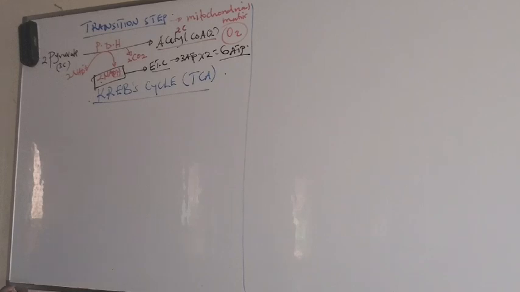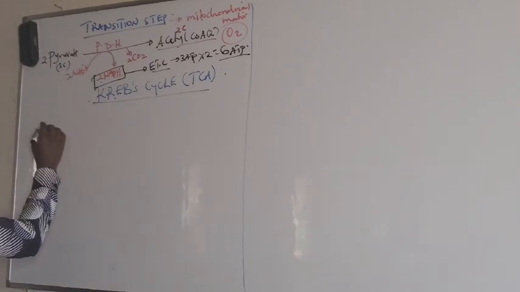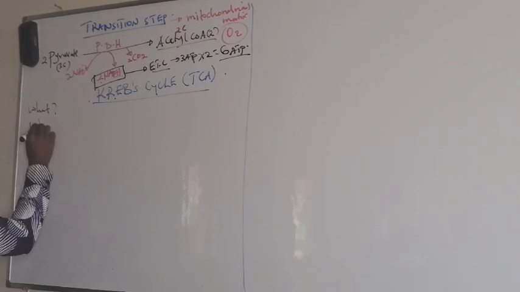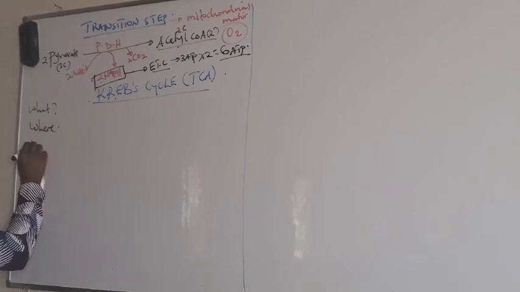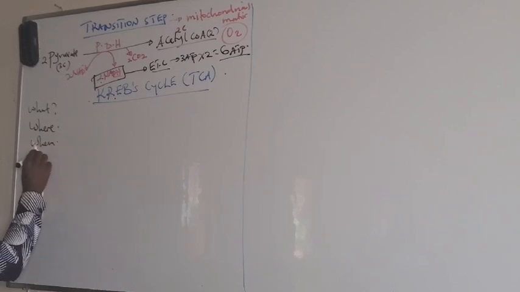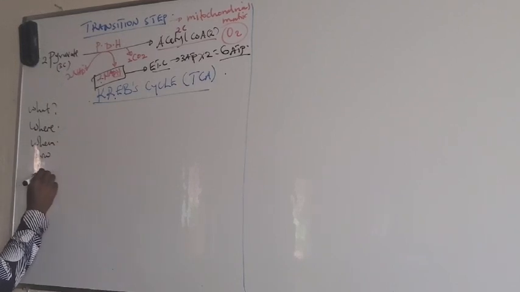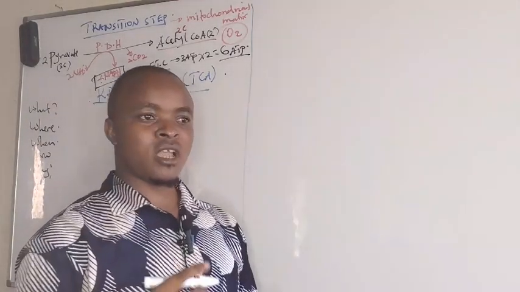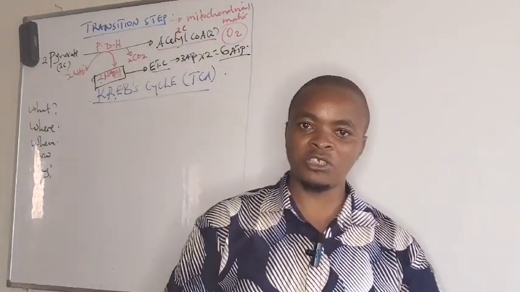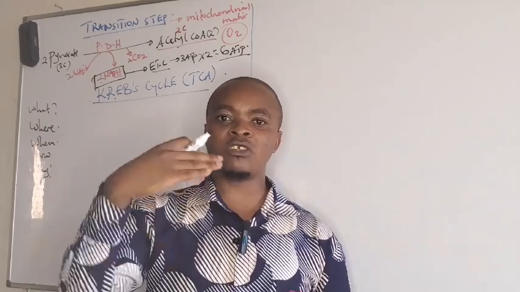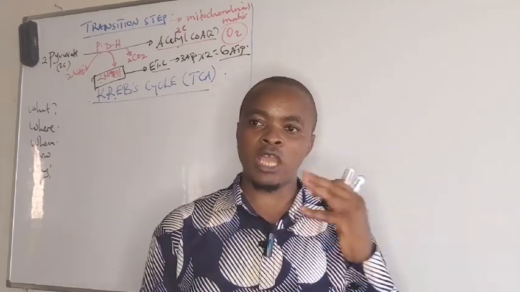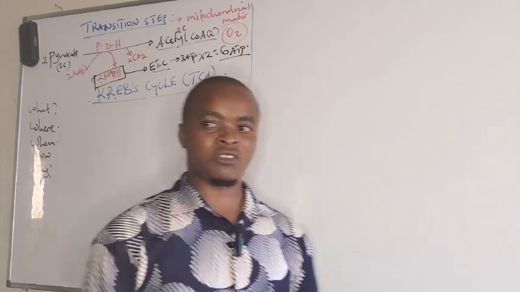For this Krebs cycle, we must know what it is, where it occurs, when, and how and why it occurs. As I told you, in biochemistry pathways we always have to answer these 5 questions of life. You should also ask them in your own life to check where you are going, or if you're on the right track.